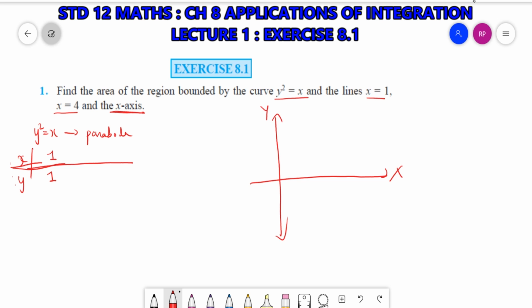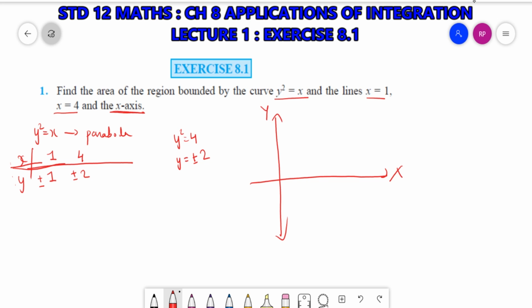When I take x equal to 4, y square is equal to x, right? So I can write down y square equal to 4. So y will be equal to plus minus 2. So here it will be plus minus 1, here it will be plus minus 2.